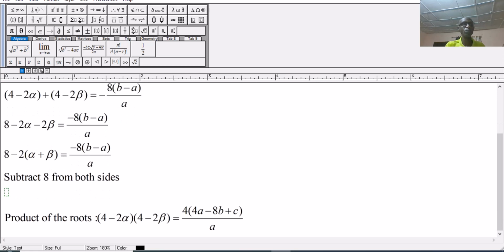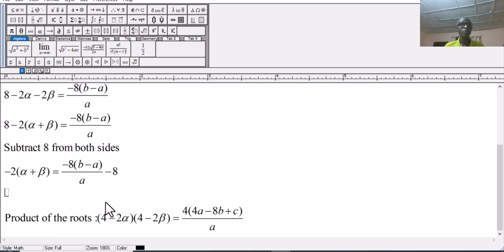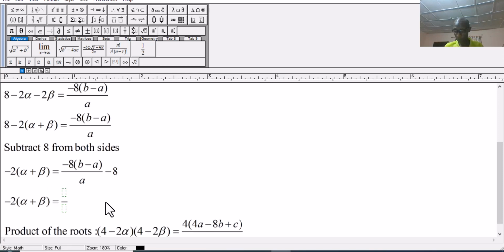So we have minus 2 into alpha plus beta equals minus 8 into b minus 8 minus 8a over a.